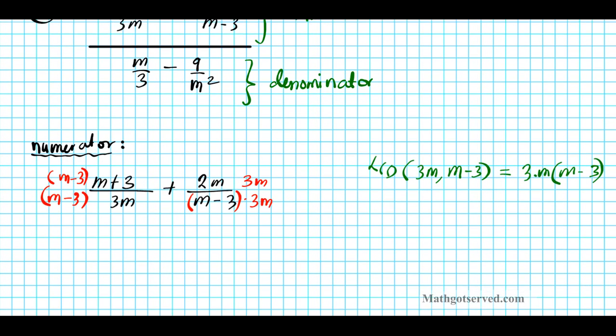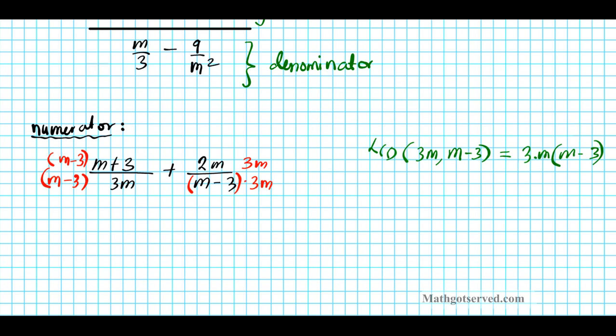So we're going to rewrite the problem now as, let's put the fraction bar. Now we have m minus 3 times m plus 3. We can distribute this out. We're going to FOIL it first, outer, inner, and then last. Okay, that's also a difference of squares.